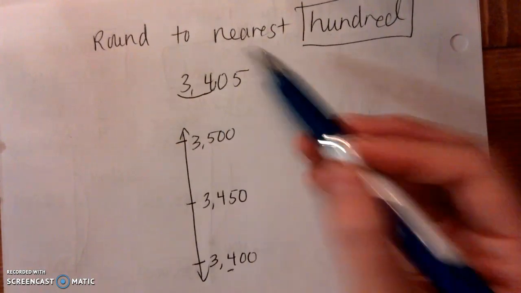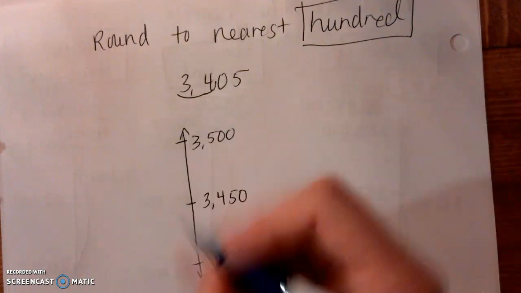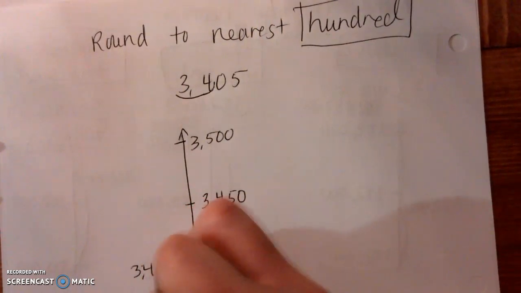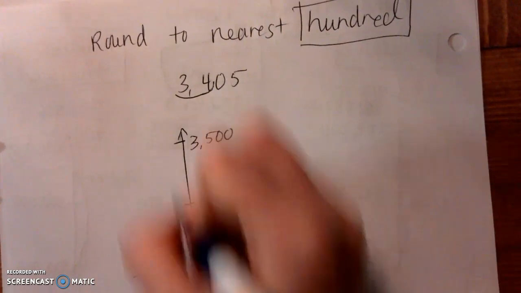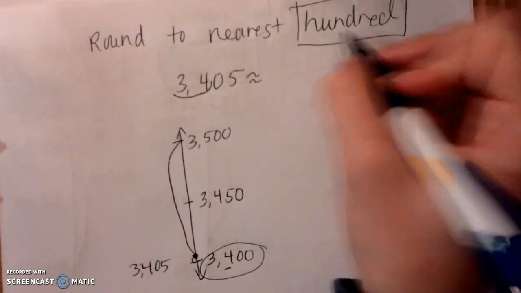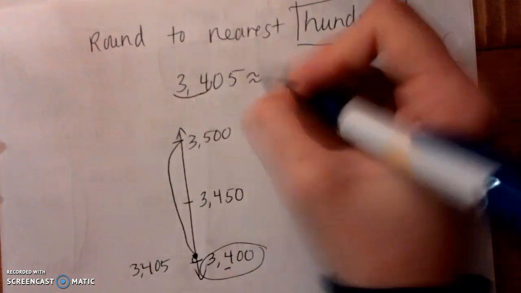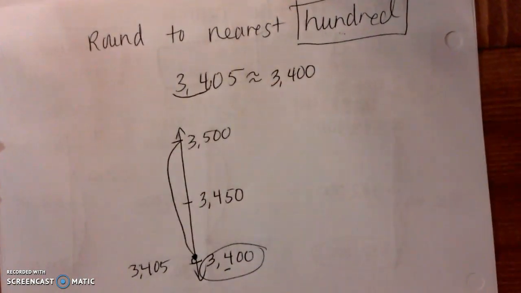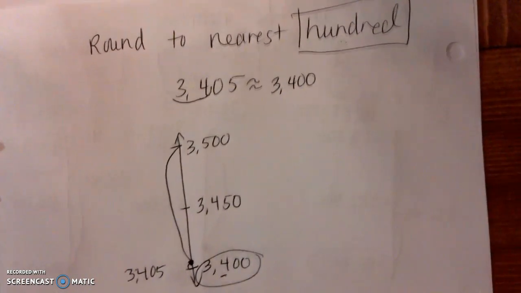Now I can easily see that this 3,405 is going to be really close to this number down here. And I can say that 3,405 rounded to the nearest 100 is 3,400 because it falls in the bottom half of my number line. All right, there you have it, kiddos.